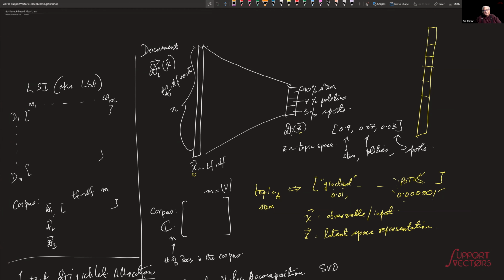So welcome back. We were discussing this week a class of algorithms in neural networks, or an approach that I call the bottleneck method. This word is not called like that.